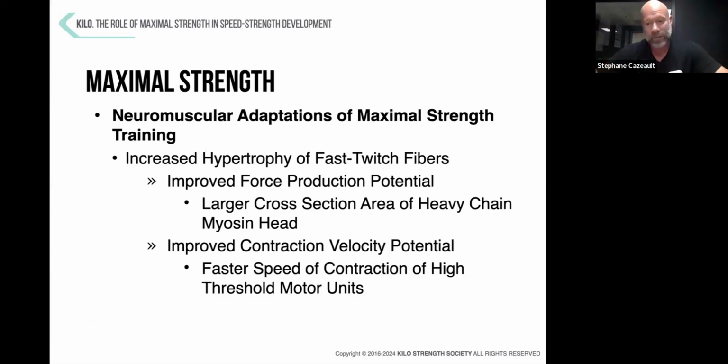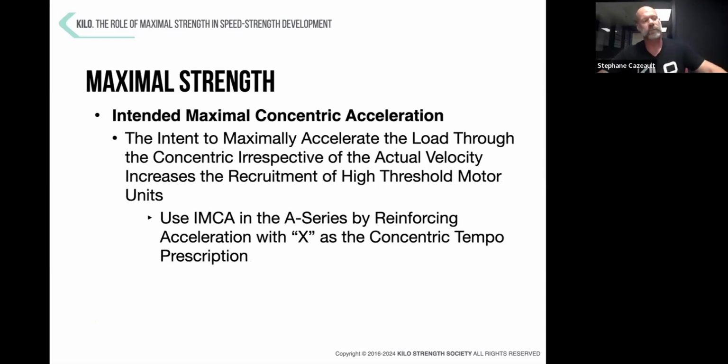And then it's kind of the same thing with the speed potential. If you have bigger, fast twitch type 2X fibers that have more velocity potential in binding to the actin, well, again, it's going to help by default with your speed strength potential.